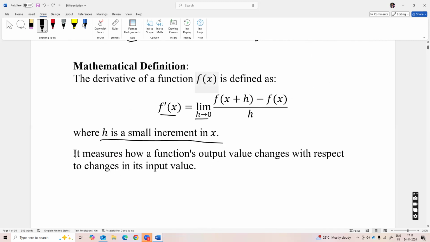You can say it is a measure of how a function's output value changes with respect to change in its input value. So here h is basically the change in input value, and f of x plus h minus f of x is the change in output value.